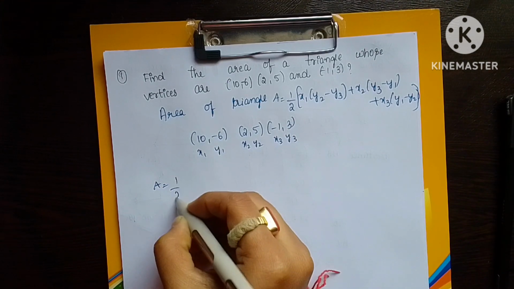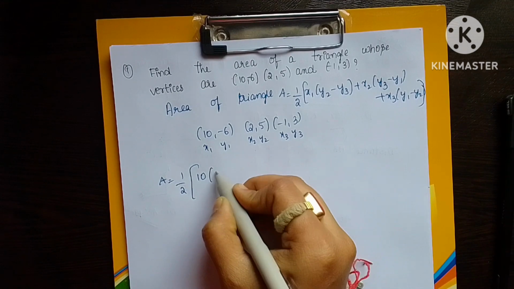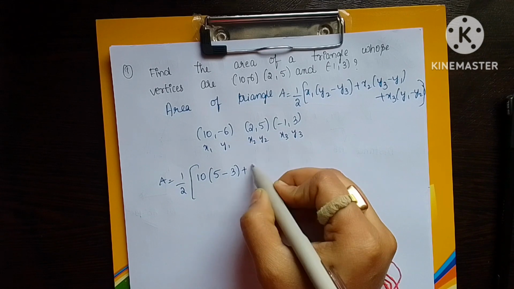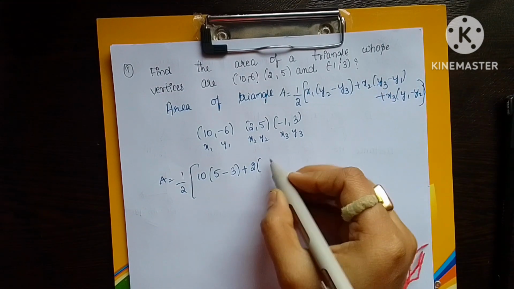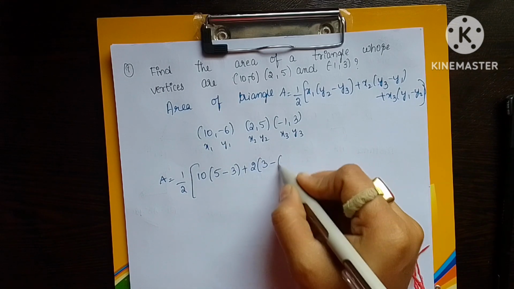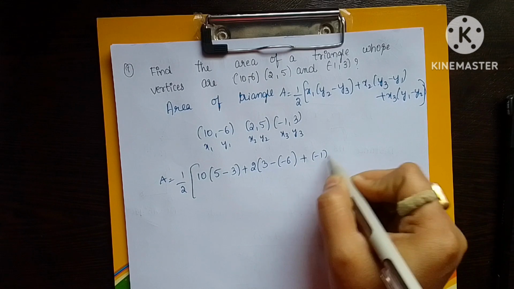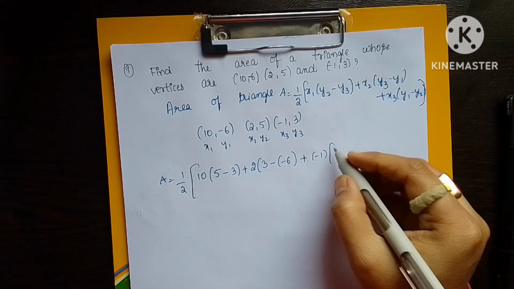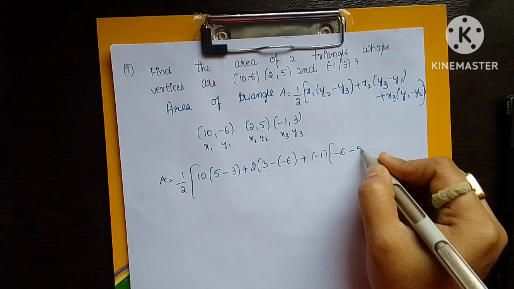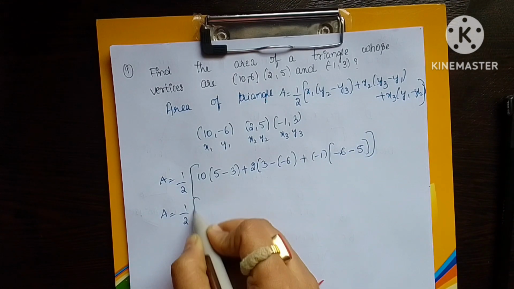Area equals 1 by 2. x1 is 10 into y2 which is 5 minus 3, plus x2 which is 2 into y3 which is 3 minus of minus 6, plus x3 which is minus 1 into y1 which is minus 6 minus 5.